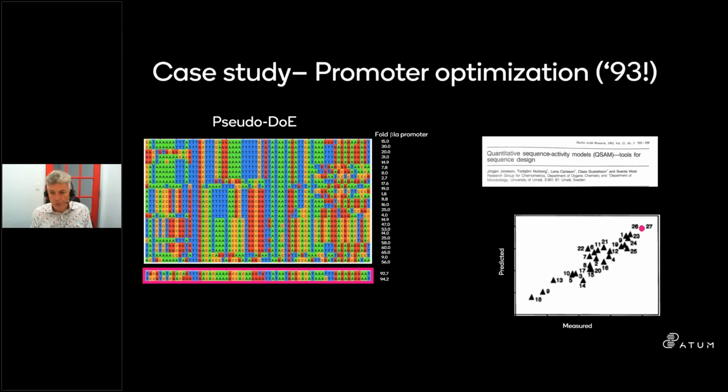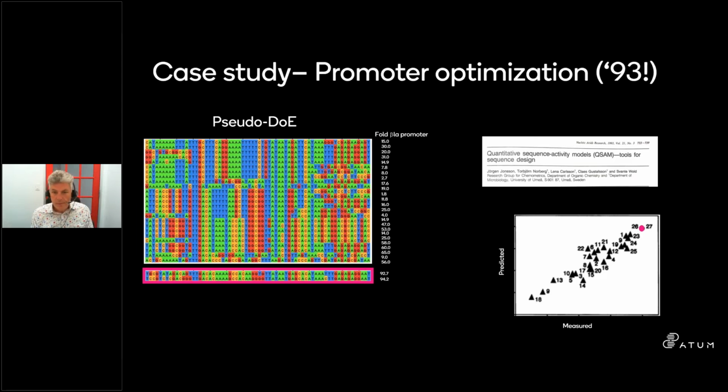So I'm going to start with a very old and, I think, kind of cool example. This is really where I started looking at this, and where my brain first popped many years ago. This is actually a paper that was published in '93.